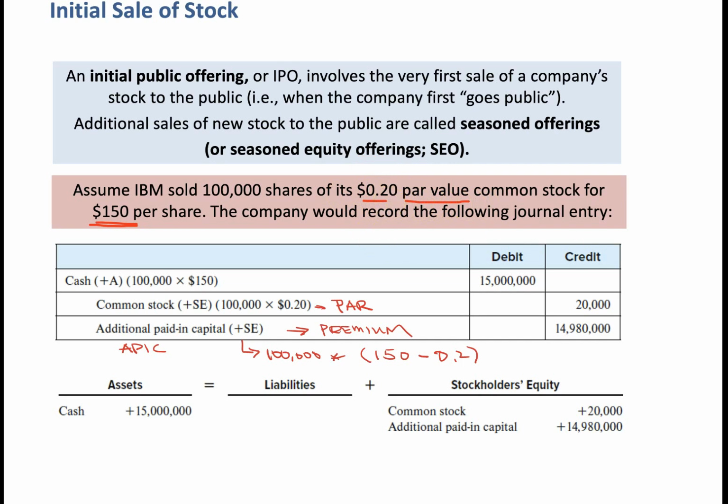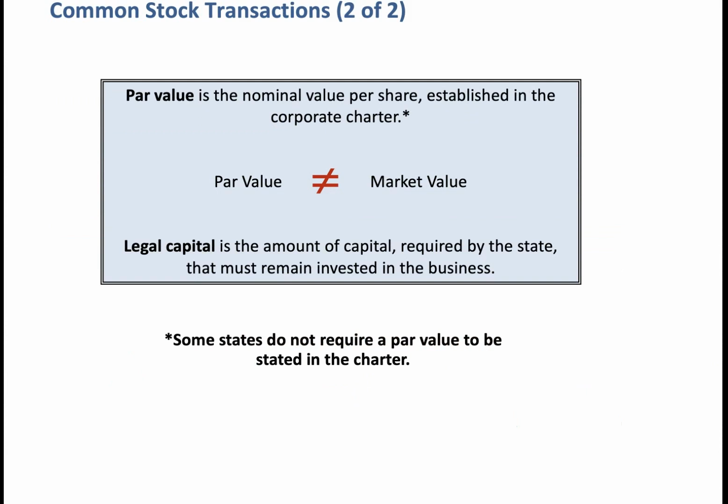Now, what is the par value and what is the market value? Par value does not equal market value. You already see in the IBM case, par value is 20 cents and the market value was $150, right? Why do companies have par value on their stocks?